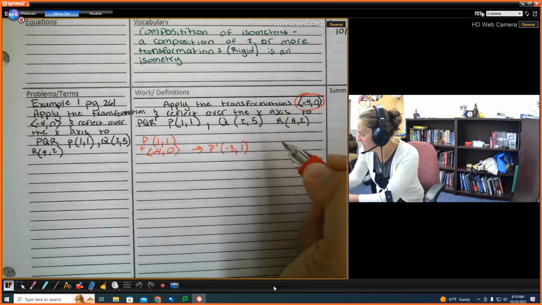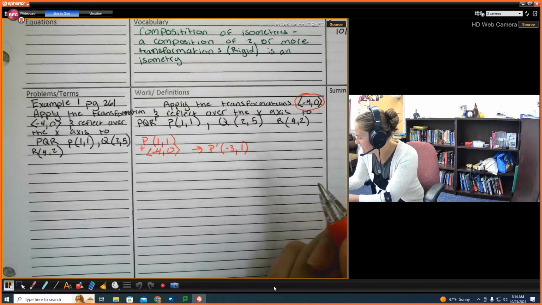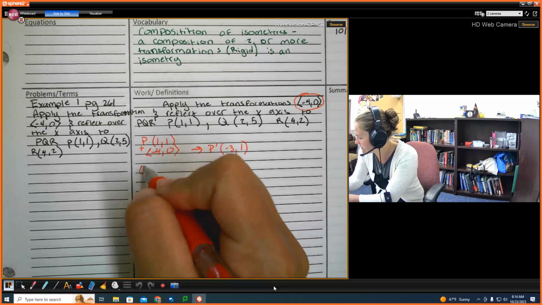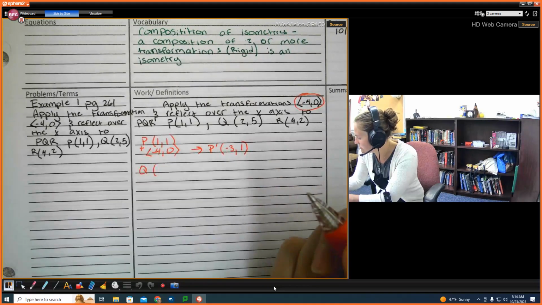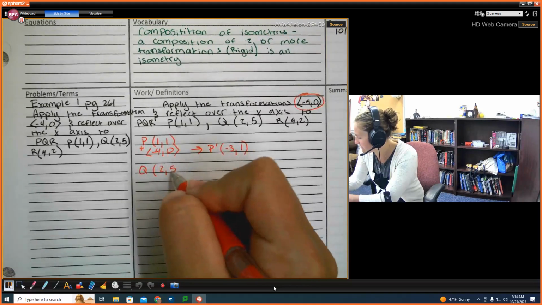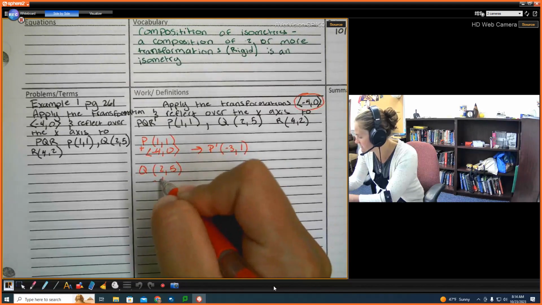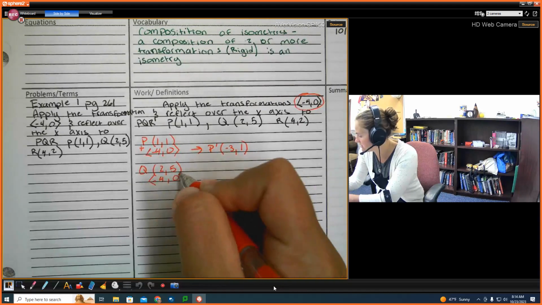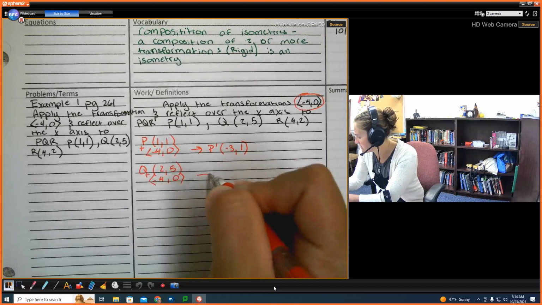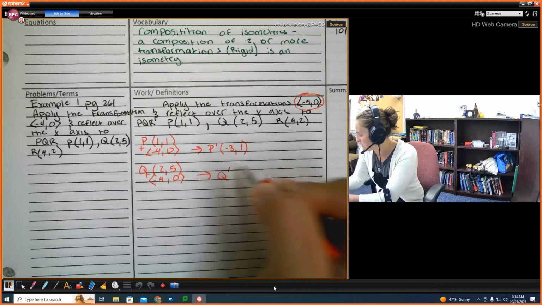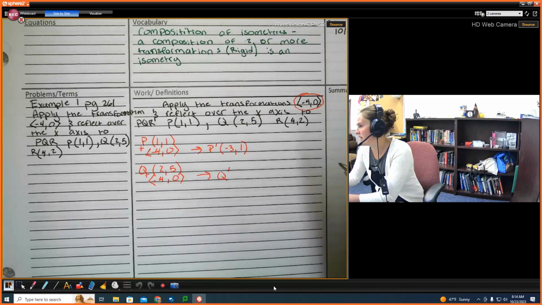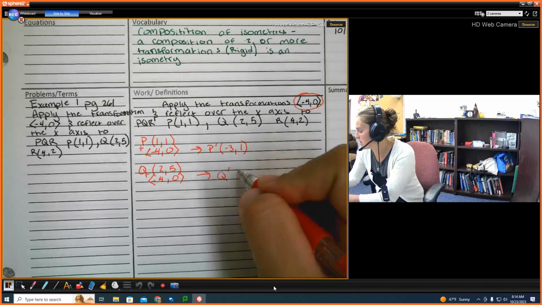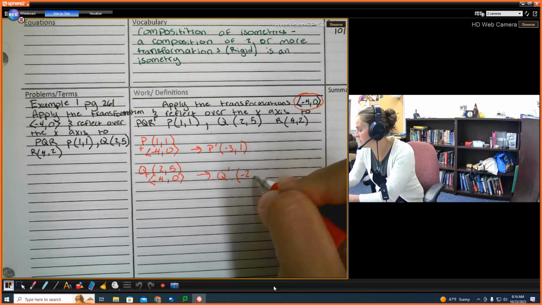Awesome. Okay, so we're going to do the same thing for each of them. So then we have Q is 2, 5. And we are applying the vector <-4, 0>. Okay, what's 2 minus 4? -2. 5 plus 0? 5.